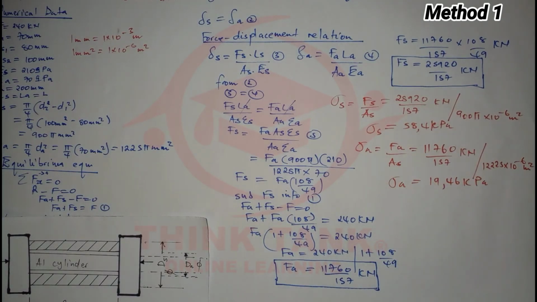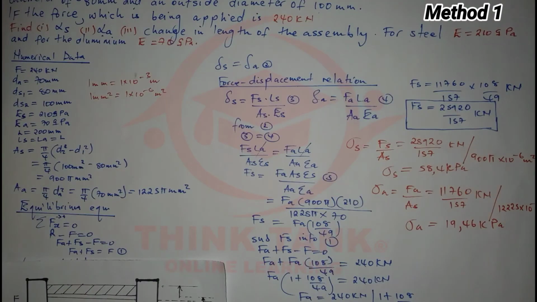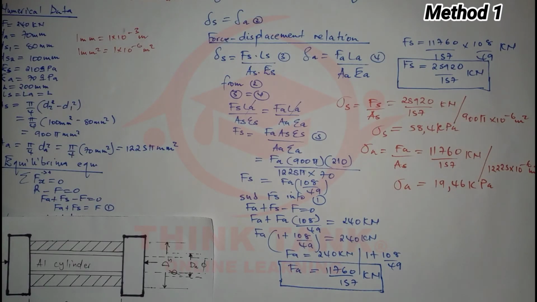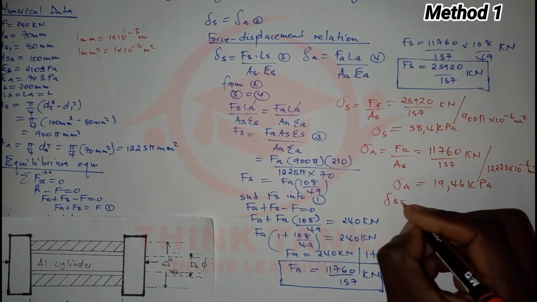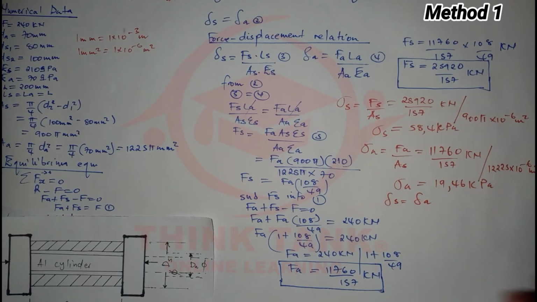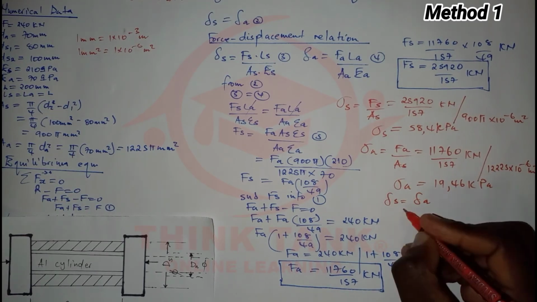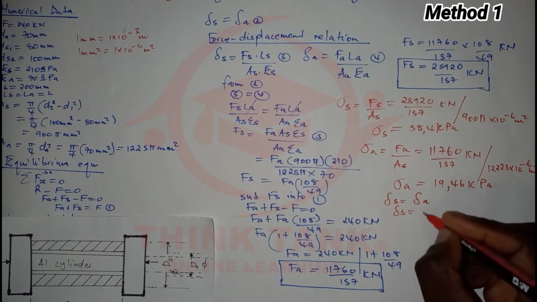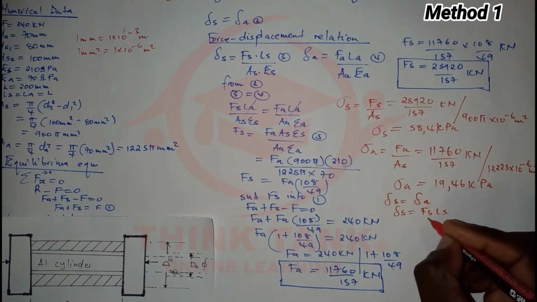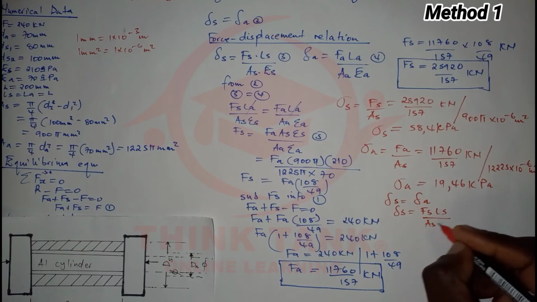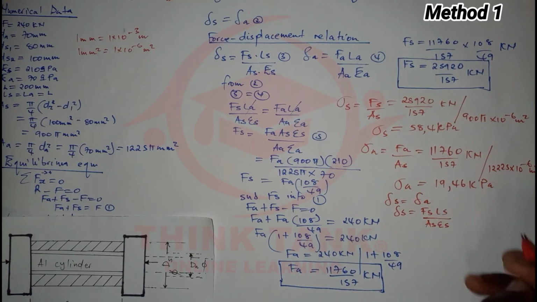And on the last question, we need to find the change in displacement of the assembly. Since the assembled board is rigid or static, that means the change in length of the steel should be equal to the change in length of the aluminium. So you can just choose anything that you want, and I'm going to choose the steel here. The change in length of the steel is going to be the force acting on the steel times the length of the steel divided by the area of the steel times the Young modulus.